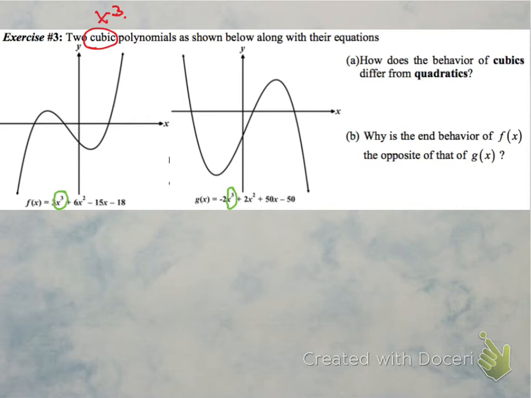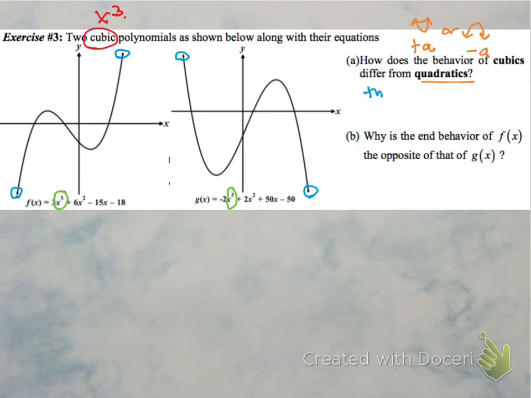So let's first compare them to quadratics. So remember, quadratics go like this, or they go like this. So the end behavior goes in the same direction. If it's a positive a value, they're going to positive infinity on both sides. If it's a negative a value, it's going to negative infinity on both sides. In this case, though, we have end behavior going down and up, or up here and down here.